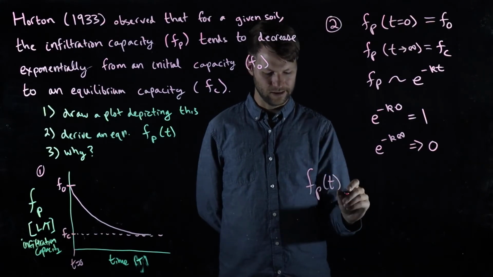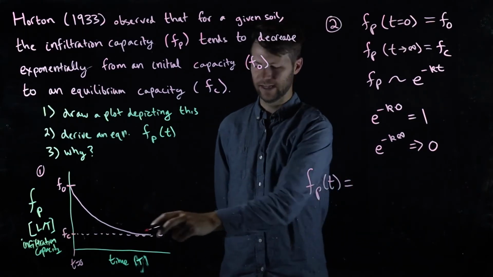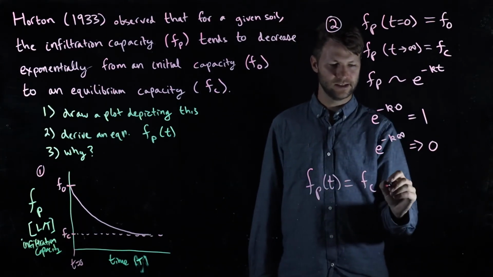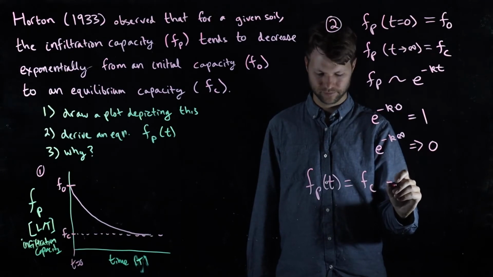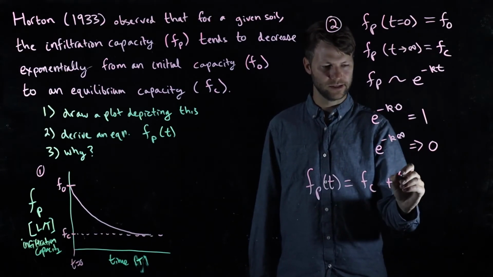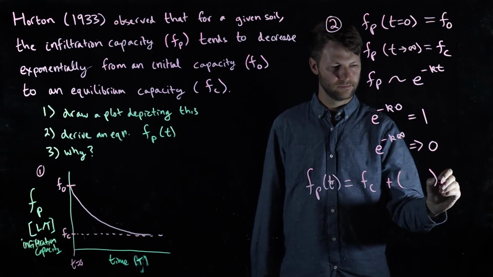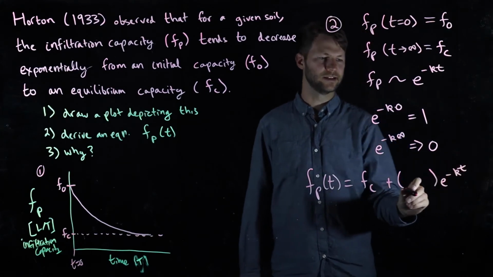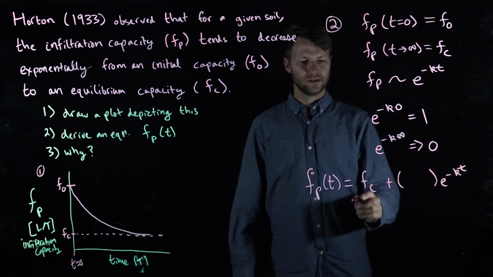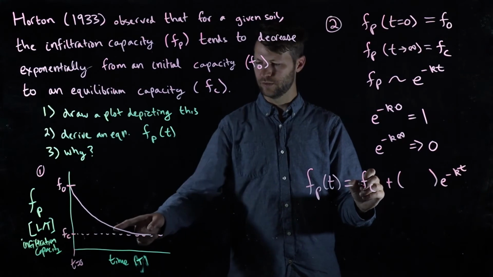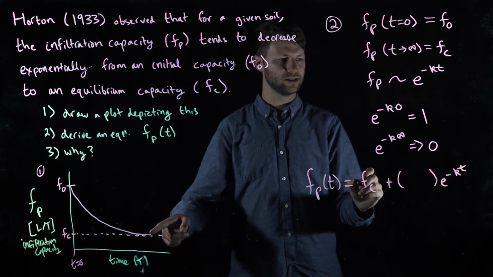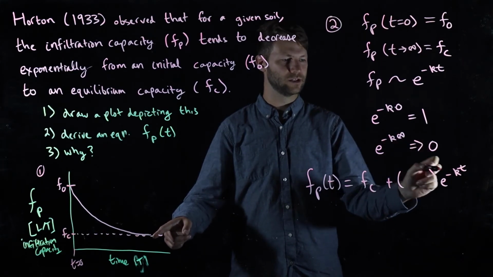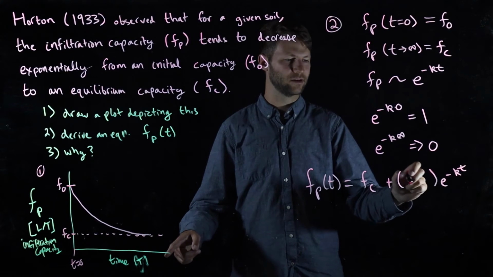So I know that in the limit, we need to get to F sub c. So I'm just going to throw this in here, and then I'm going to add on some other term and put this other piece of the puzzle that I know has got to be in here, this other behavior in here. So if this is what it needs to get to when t is a really big number, and I know that when t is a really big number, this is going to go to 0, so that will behave no matter what I put in here.